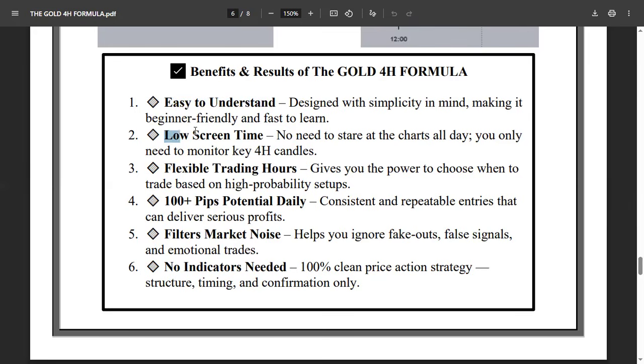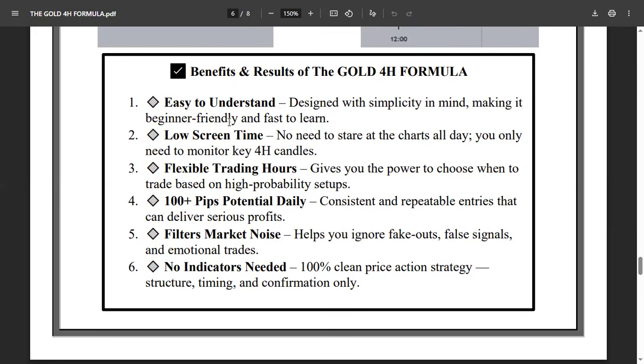And also it reduces screen time. We don't have to sit on the chart for a long time. Sometimes you need to sit on the chart maybe for 1 hour or 2 hours only. Now, since you're trading a 4-hour candle, you just have to set your stop loss and TP, and then you're good to go.